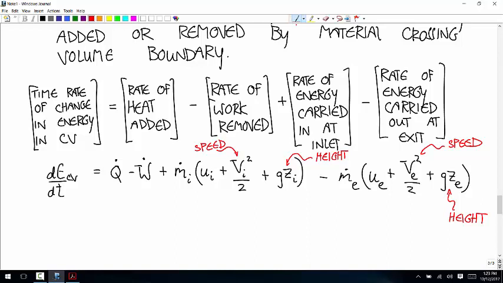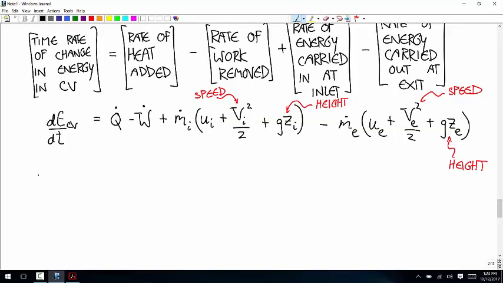Okay, so now let's think about this work dot. So we're going to expand on that because there is work done on the stuff in the control volume by the stuff pushing in on the inlet, like, hey, stop pushing, it's doing work.